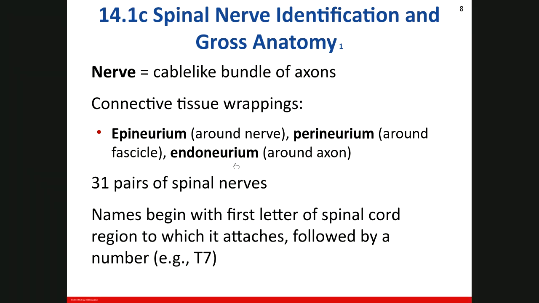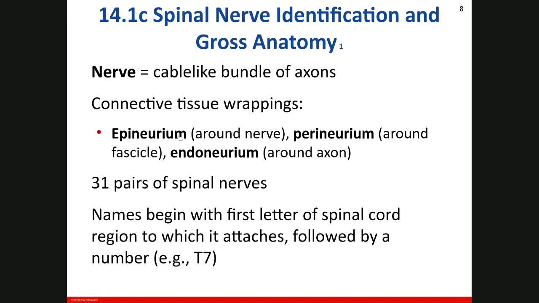A group of axons come together and they are covered by thicker connective tissue, which we call perineurium. This perineurium can make a bundle or fascicle of our nerve. And a group of bundles are covered by epineurium, and the epineurium is thicker and denser than perineurium.